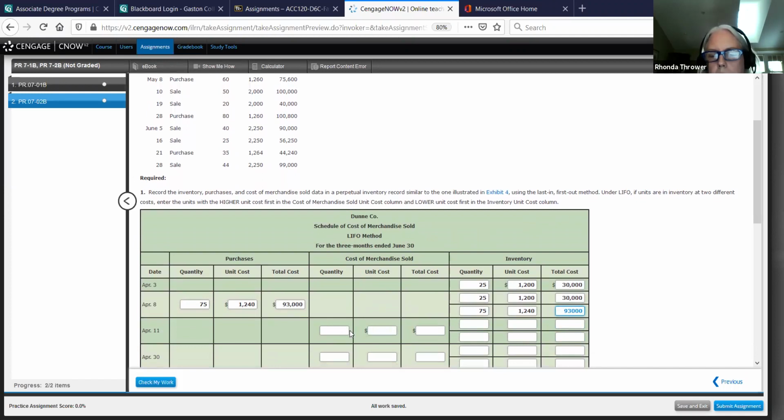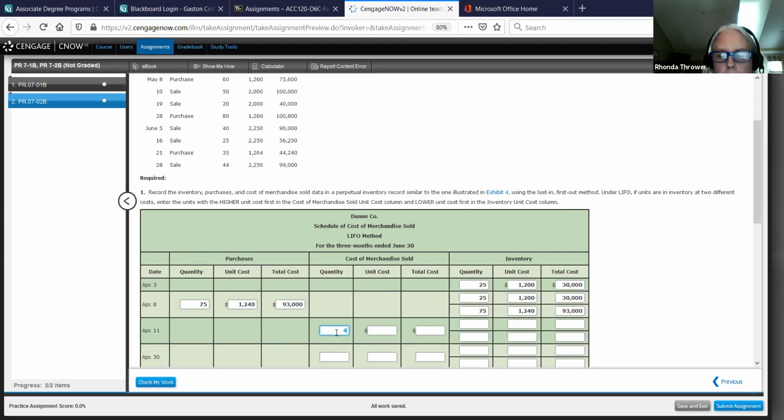And what we're going to do differently in the LIFO method is the last units that you purchased, which were on April the 8th, are going to be the first units that you sell. So what we've really done is we've sold 40 out of the 75 unit purchase that was on April the 8th.